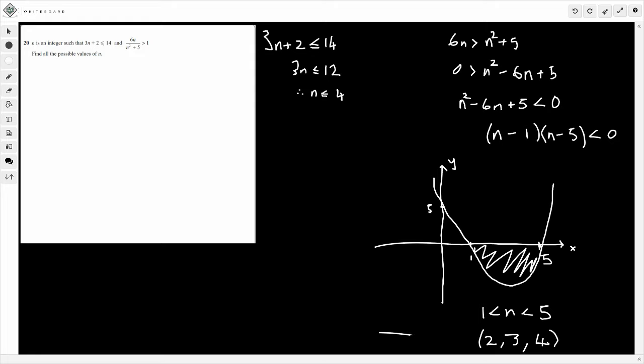That means this is my final answer. The possible values that n can be: it's going to look like this, 2 here and 4 there, and what we actually want is everything between 2 and 4. Them are the possible values. And that's it, that's the full question done.